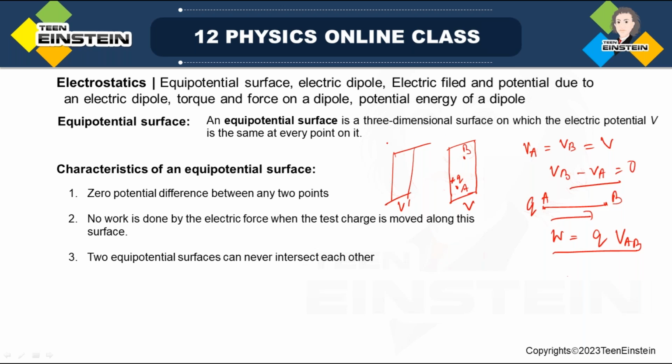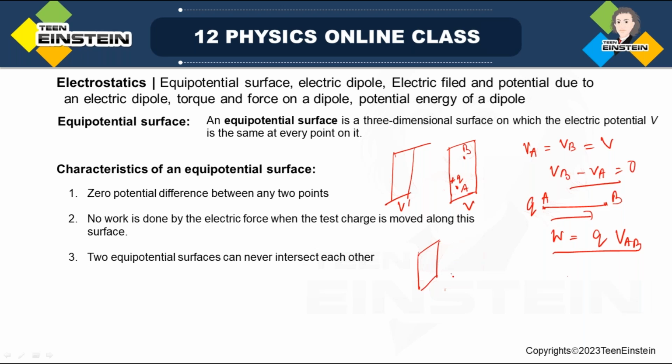In this case these are planar equipotential surfaces. If I take some planar equipotential surfaces, they will always be parallel to each other.